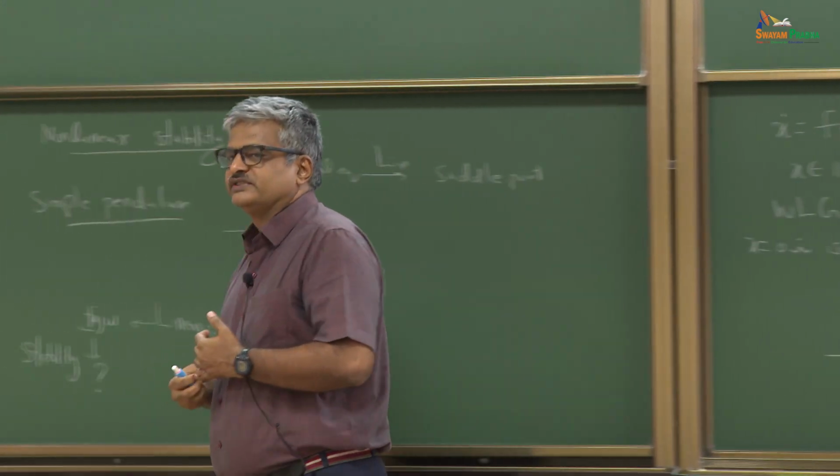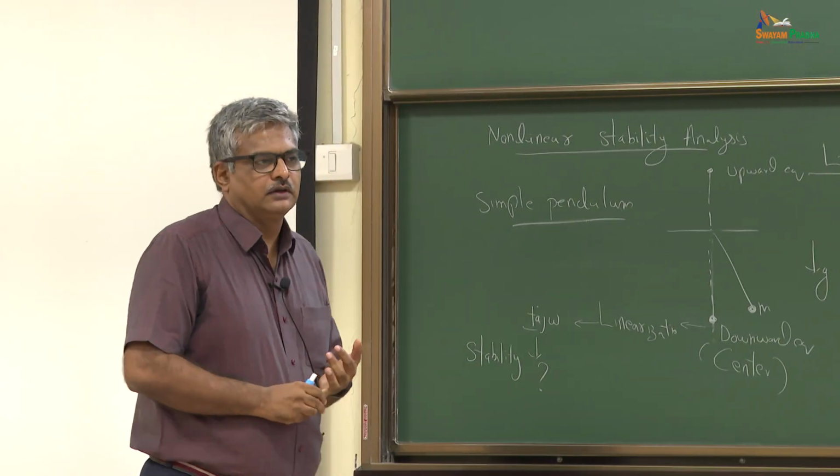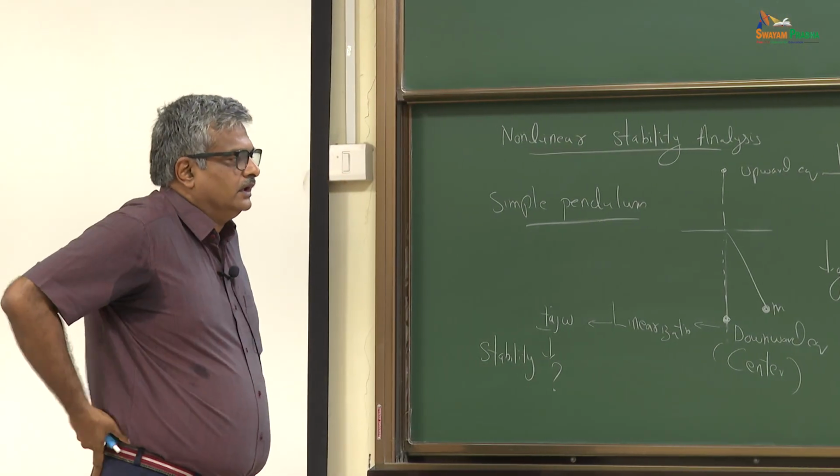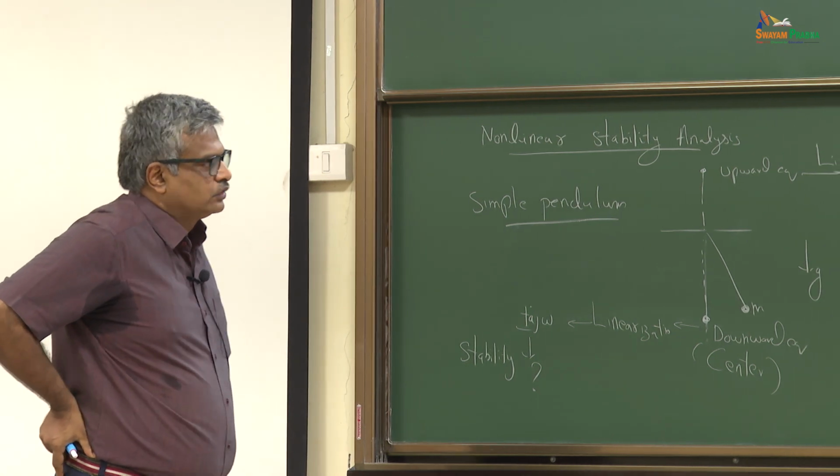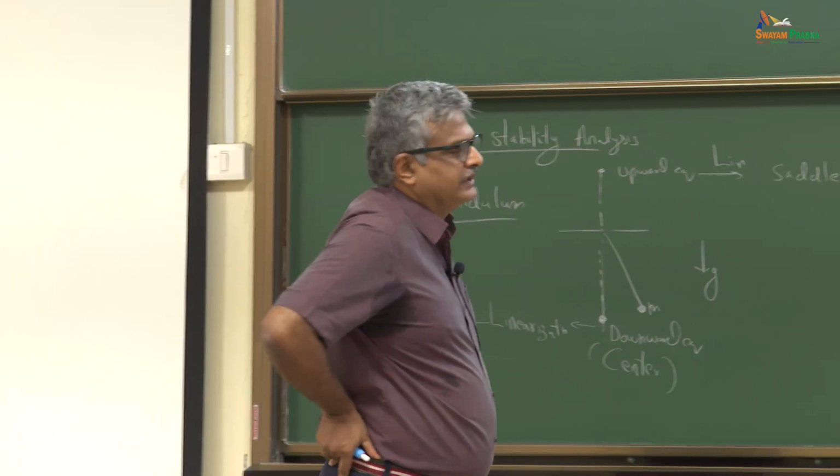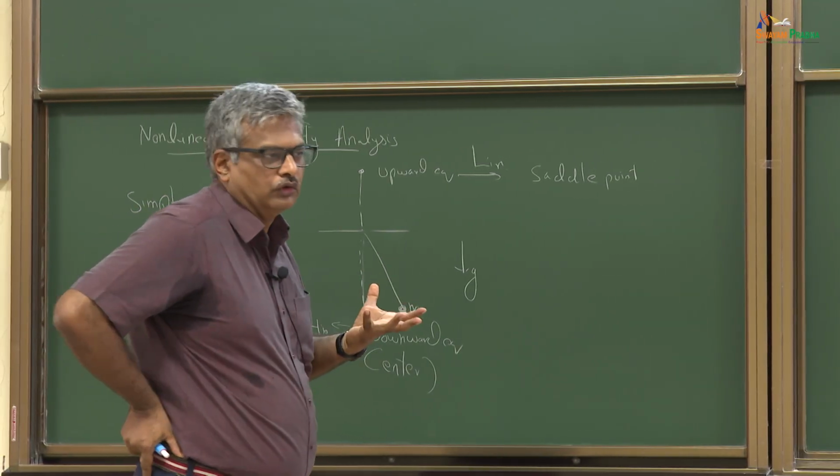So this is the first definition of stability, which just talks about trapping the trajectories in arbitrarily small balls.